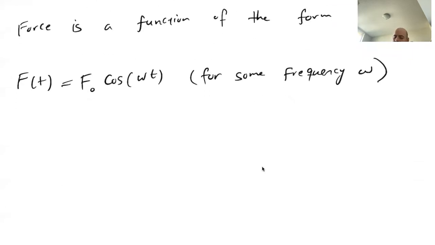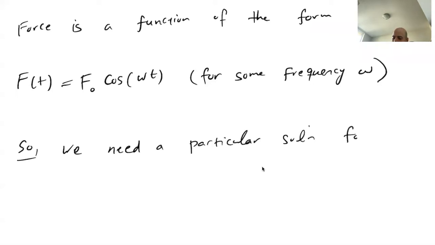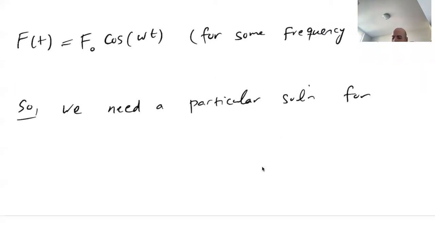So now we need a particular solution for this non-homogeneous system, m u double prime plus ku equals f naught times cos omega t. Now we want to use the undetermined coefficient method to find a particular solution for this, because the function in the right-hand side appears in our table.